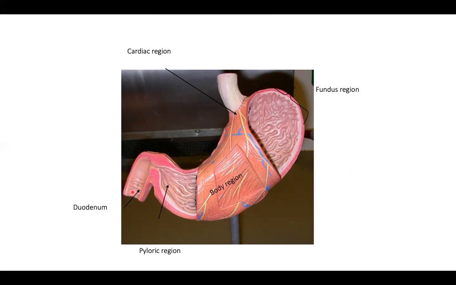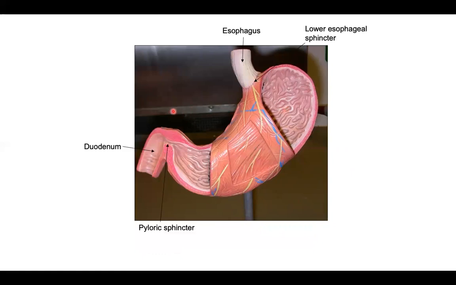As you can see in the next picture, there are two sphincters. One is a sphincter at the beginning, and one sphincter at the end of the stomach.